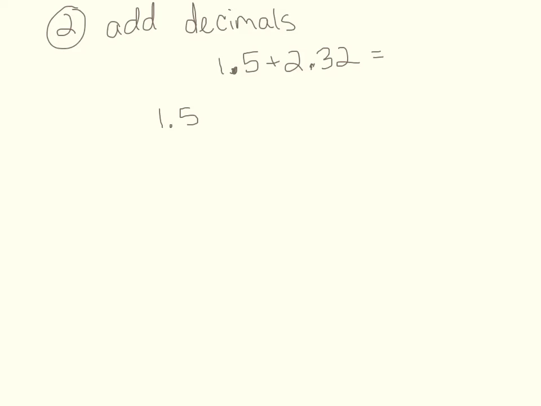I would put the decimal underneath the decimal, the ones place underneath the ones place, the tenths place underneath the tenths place, and then the hundredths place is next. Notice though right here I'm kind of missing a spot, so I would go ahead and put the 0 there. I put an X through it so I know that I added it in there, but it doesn't change anything. Then you can add it up.